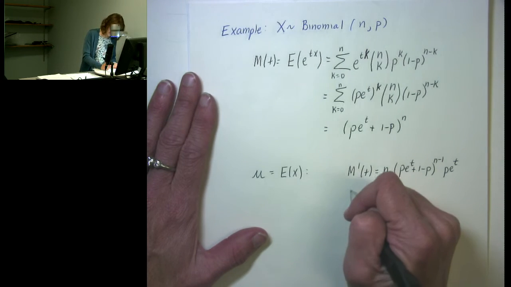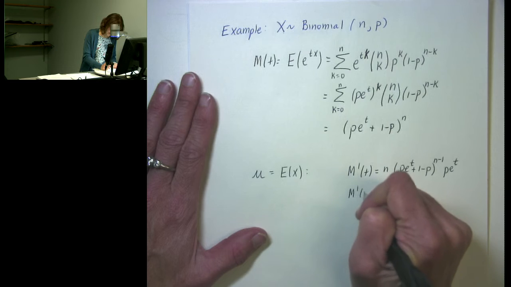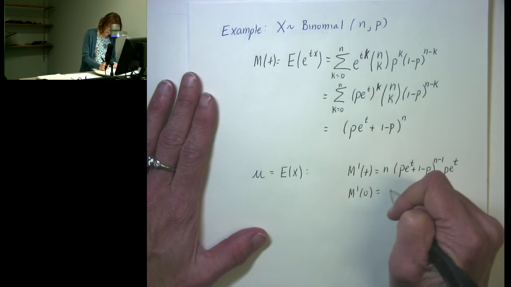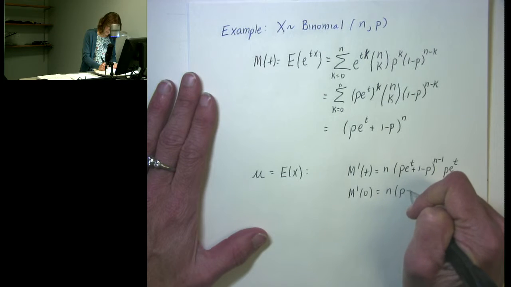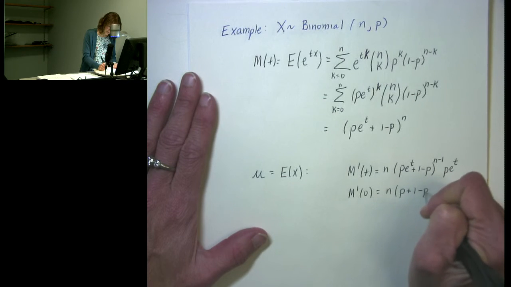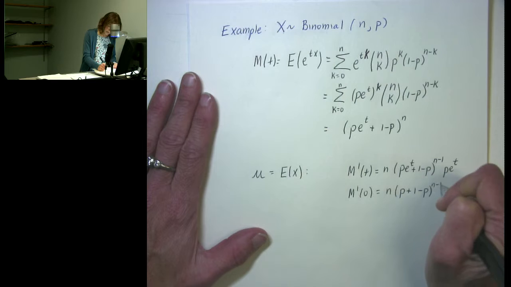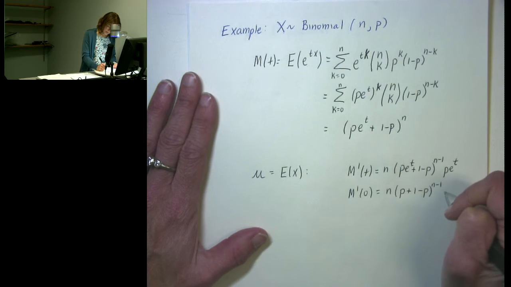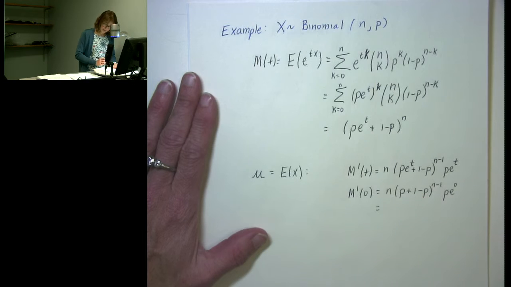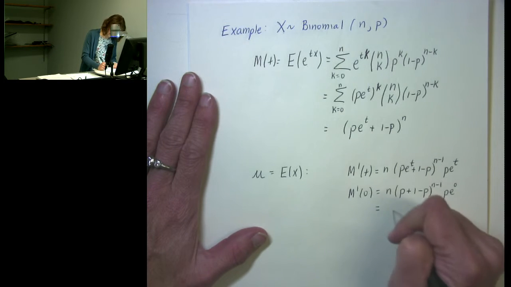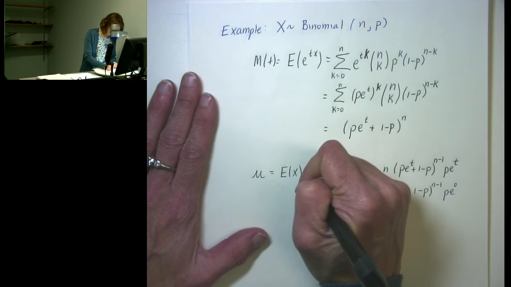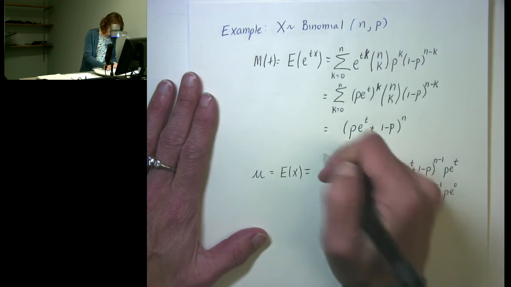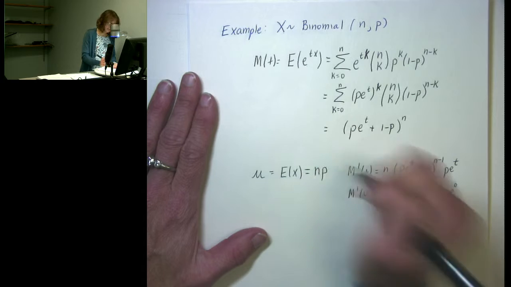And when I evaluate this at 0, I get n times p plus 1 minus p to the n minus 1 times p times e to the 0, which gives me n times p. And if you remember, for a binomial distribution, this is my mean, n times p.